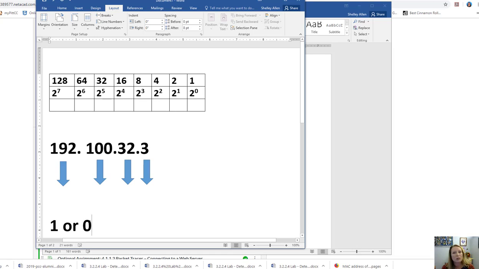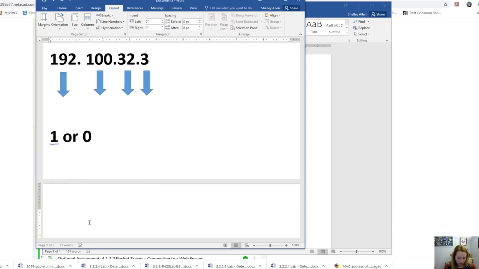Now, because that's a really small unit of measurement, we don't often refer to things in the digital world as a bit. We usually refer to them as a byte. So a byte is 8 bits grouped together. Generally we refer to a byte of information and then larger groups of information.